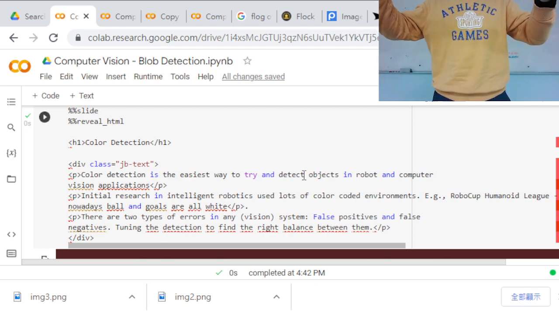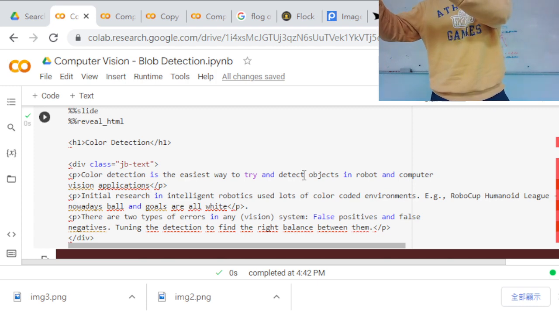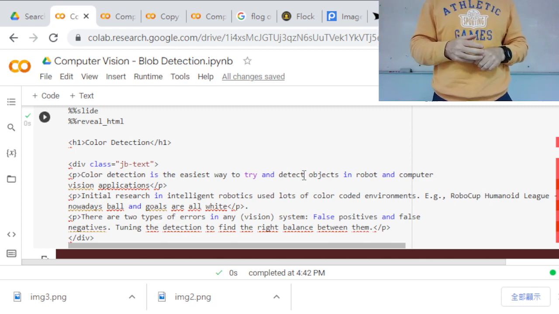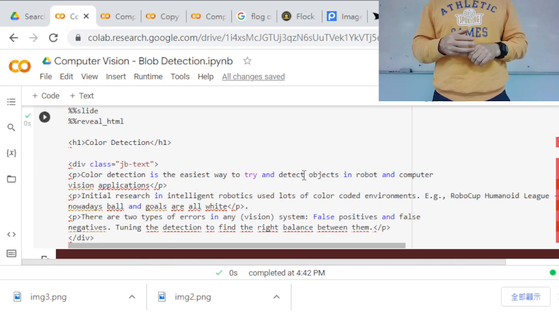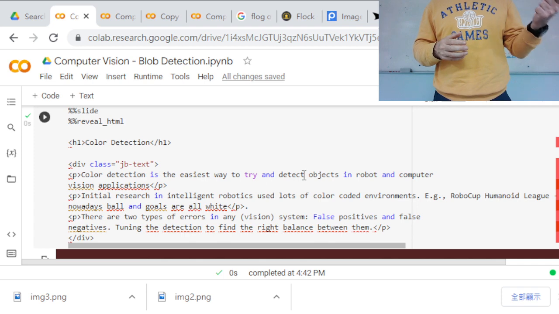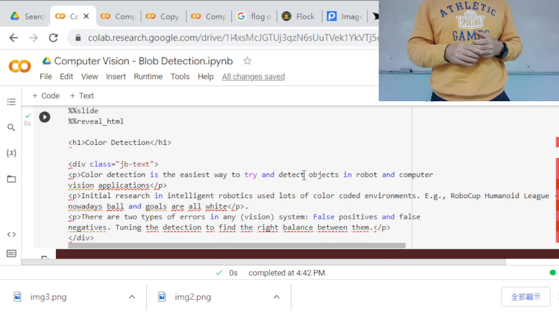If they catch 70% of them, 30% of them were not caught. So the false negative rate was 30%, right? Fine, so they don't tell you what the false positive rate is.